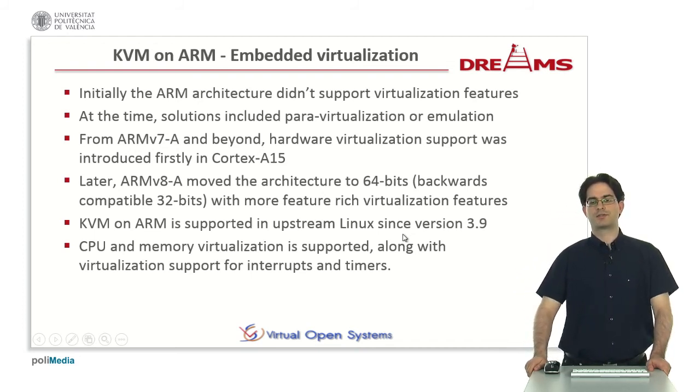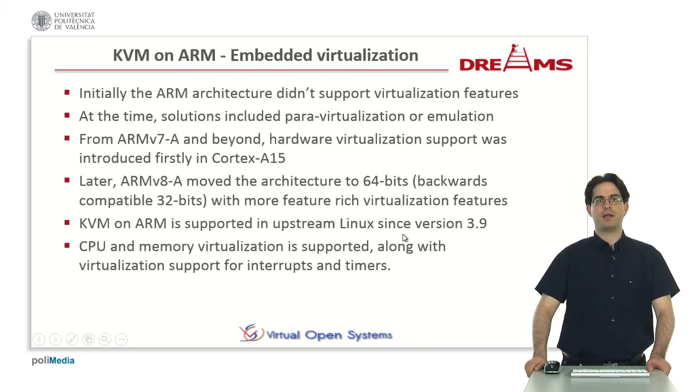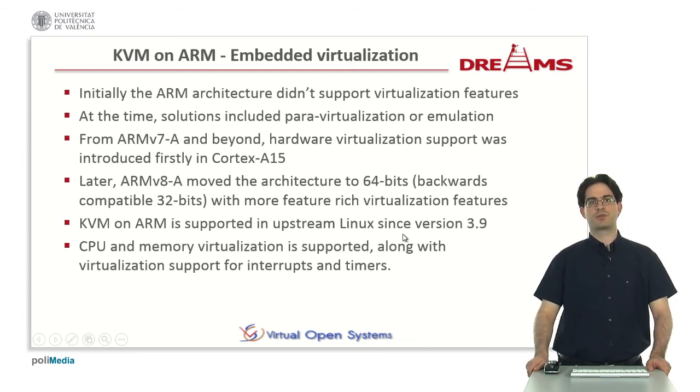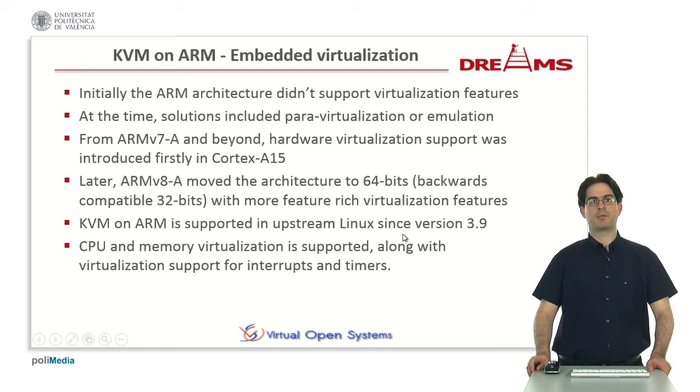So in order to virtualize ARM software and operating systems, you would have to rely on para-virtualization and emulation, which can be slow or inefficient depending on the use case. But with later architectures, ARMv7-A and beyond, especially with the introduced Cortex-A15 processor, specific hardware virtualization extensions were made into the hardware in order to make hypervisors more efficient in the ARM architecture.